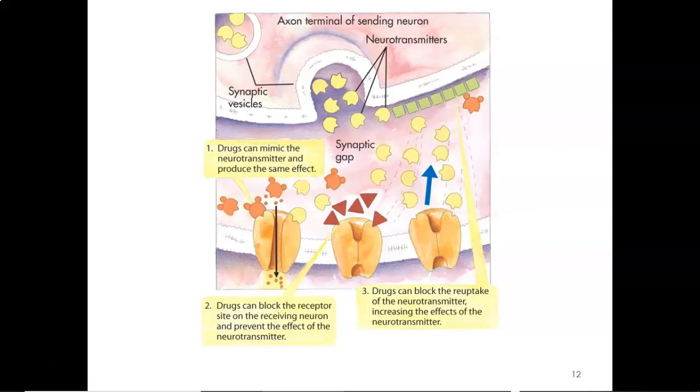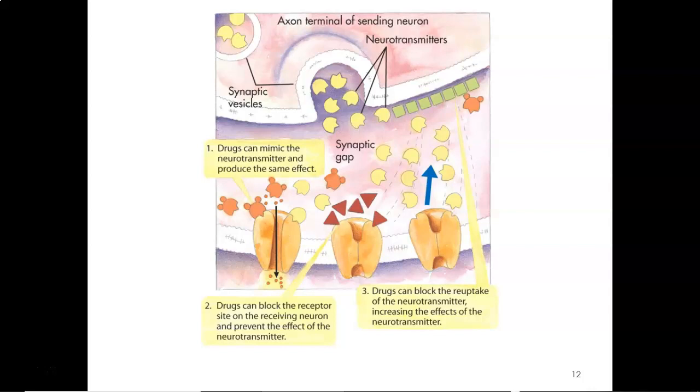We also have dual reuptake inhibitors, which work on serotonin and norepinephrine. There's multiple types of SSRIs and NSRIs. But an SSRI only works with serotonin. An NSRI works with norepinephrine and serotonin. So we're just going to look at an SSRI.